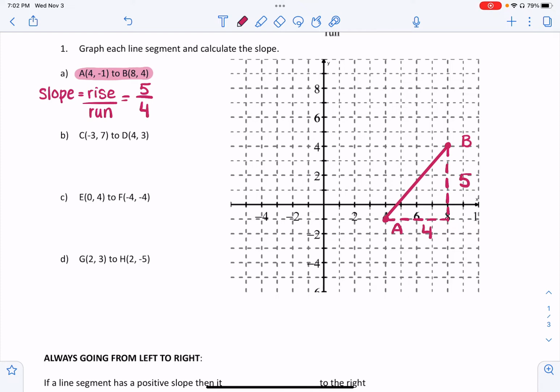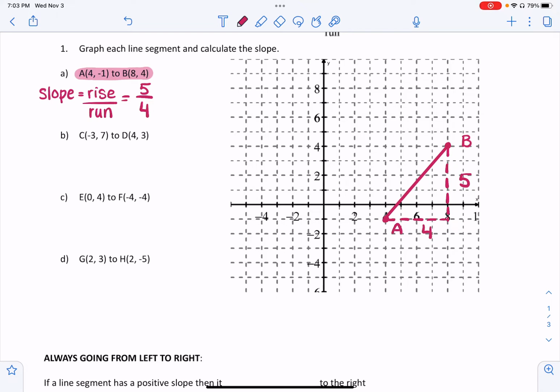This is a positive line. It's getting bigger. So it makes sense that our slope is positive. And it's relatively steep. Our slope is bigger than 1, so that also makes sense. But we just want to look at this and we'll compare it with the others that we will get in this example just to ensure that things are making sense and we haven't made any mistakes.